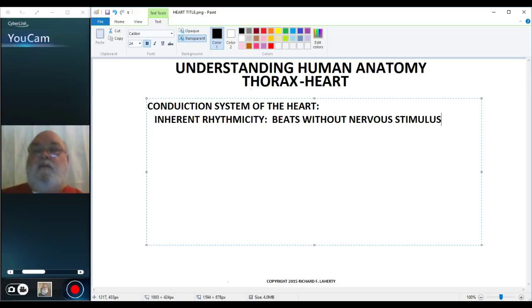Unlike the skeletal muscle, which must receive a signal from a nerve to begin beating, cardiac muscle will beat entirely on its own. And different parts of the heart have a different rate of contracting.